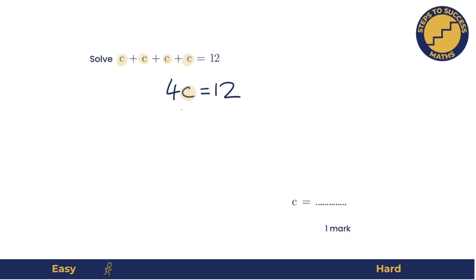So let's put an arrow down from each side, like train tracks, either side of the equals, and show the step we're going to do, which is divide by 4. Then on the left-hand side, we're just left with c. And on the right-hand side, we've got 12 divided by 4, which is 3. So our answer is c equals 3.